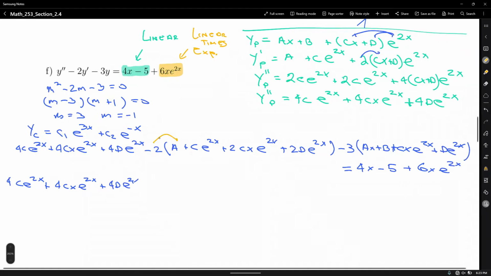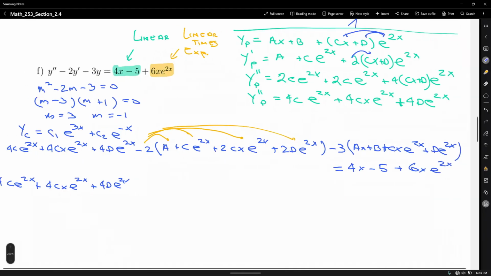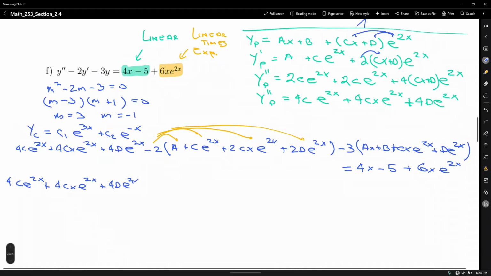Just multiply all of this by 2. That gives us negative 2a, minus 2c e to the 2x, minus 4cx e to the 2x, minus 4d e to the 2x.